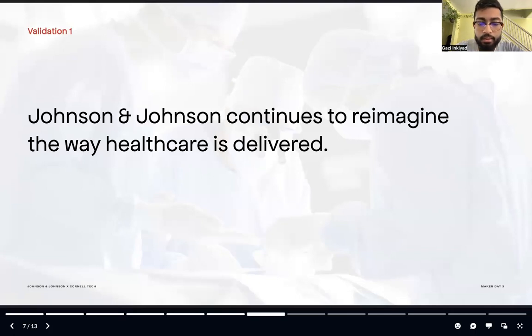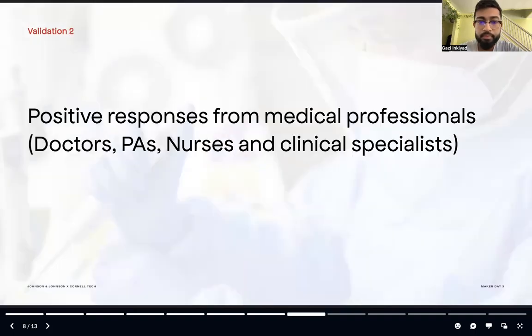Their impact is largely across the US and outside of the US as well. They serve patients with many cardiac problems, and they hold the industry standard for this type of problem.